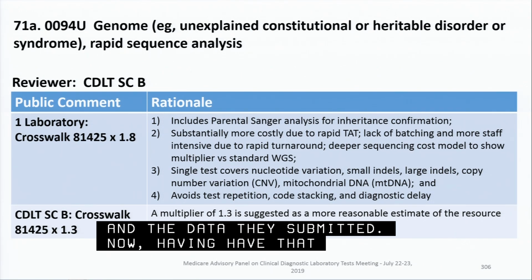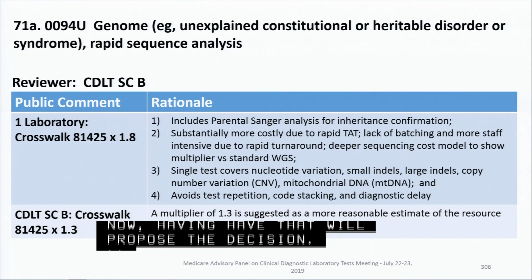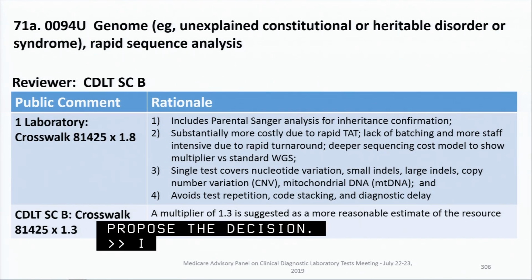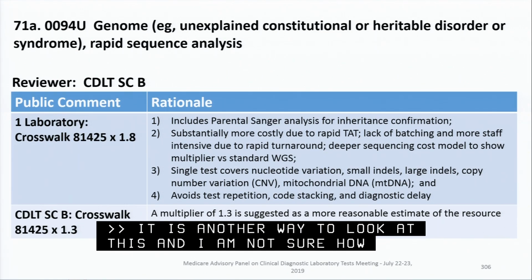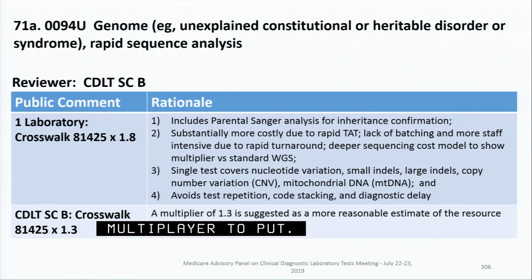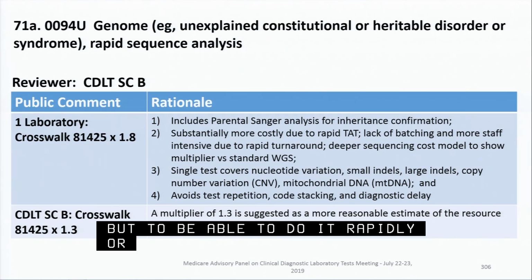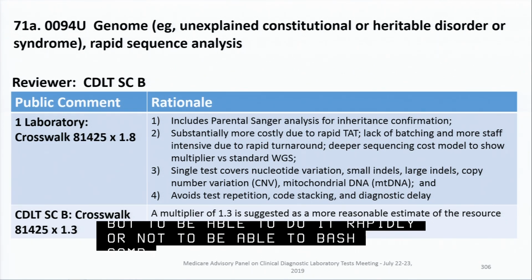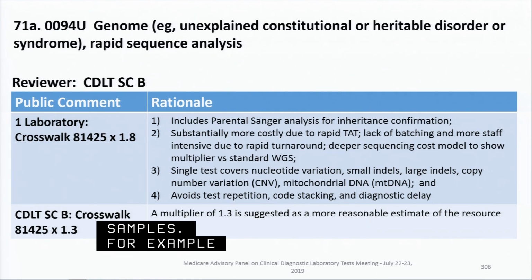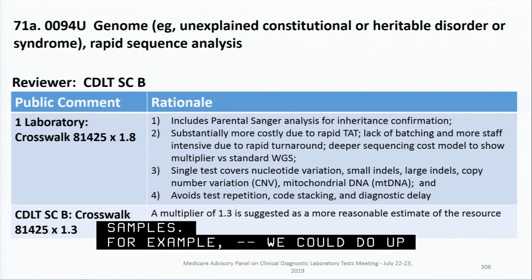So there is another way to look at this, and I'm not exactly sure what multiplier to put on it. But to be able to do it rapidly, you are not going to be able to batch samples. So for example, on one flow cell, depending on the instrument, I'm going to use the instrument that I know, we could do up to 24 samples at a time, and so that can reduce our costs per sample.